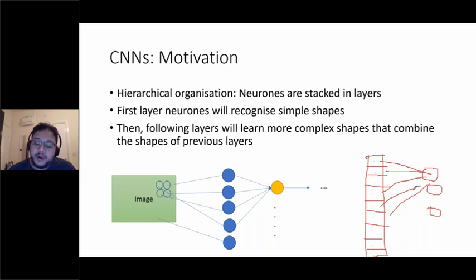Then the fully connected layer will look at the different shapes, combine them, and tell me what kind of thing we have in the whole image.